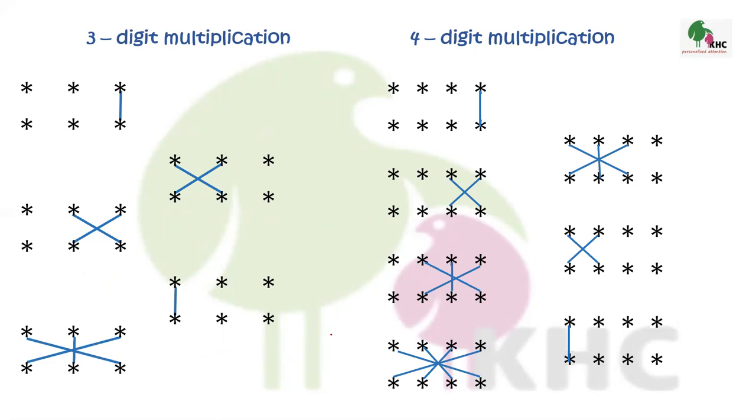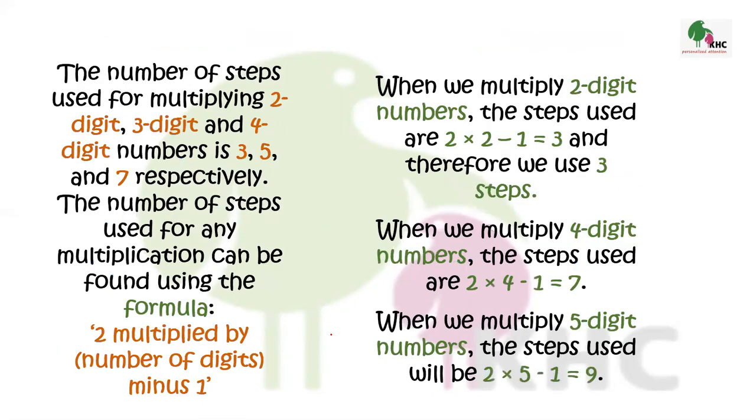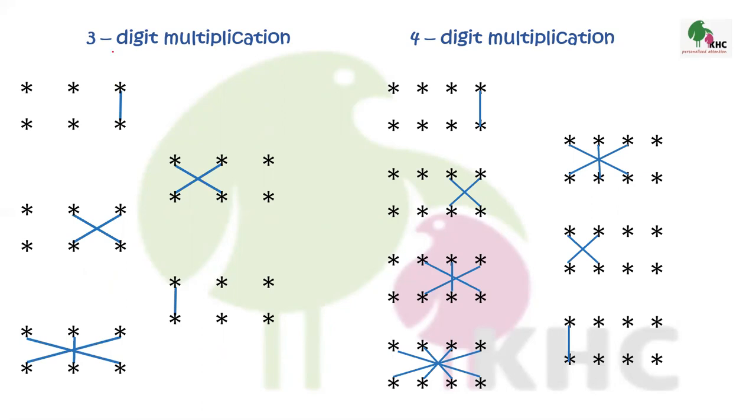So what did you see? Carefully look at them and you'll understand the properties of crisscross multiplication. The number of steps used for multiplying 2-digit, 3-digit, and 4-digit numbers is 3, 5, and 7.